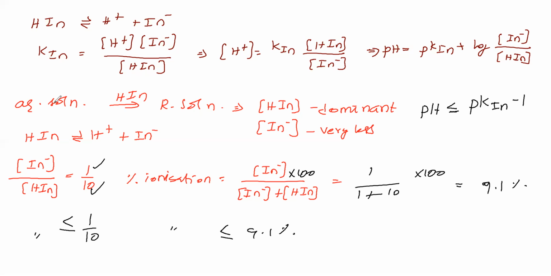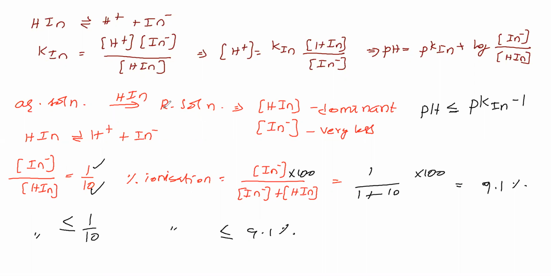Now, if the pH of the aqueous solution falls under this category, that means pH is less than or equal to pK indicator minus 1, then in the resultant solution, the equilibrium will have this concentration ratio. Then the percentage ionization of the indicator comes under this category, and the concentration of undissociated HIn is highly dominant.